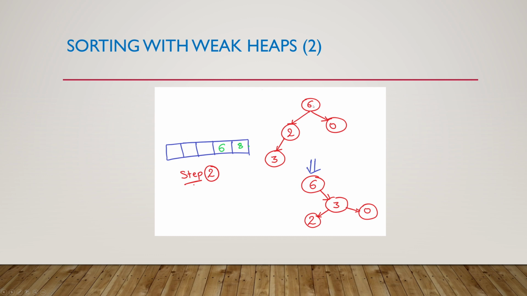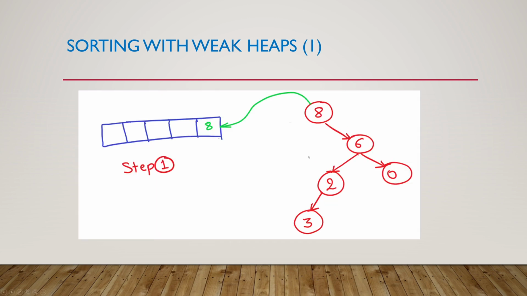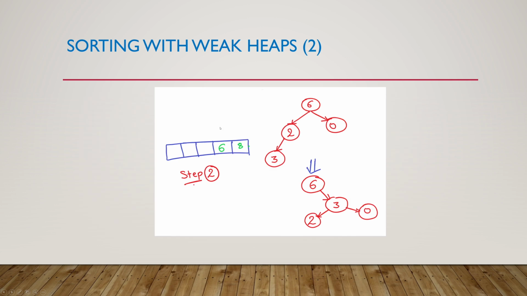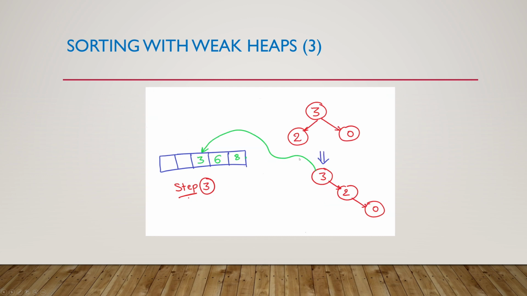The root node will remain as it is, and the highest value 3 goes towards 0 and 2. This will become a new weak heap. And again, as we have placed the root node value into the array, we will place the new value, which is 6, here. So that's pretty clear, and we are left with 3, 2, 0.